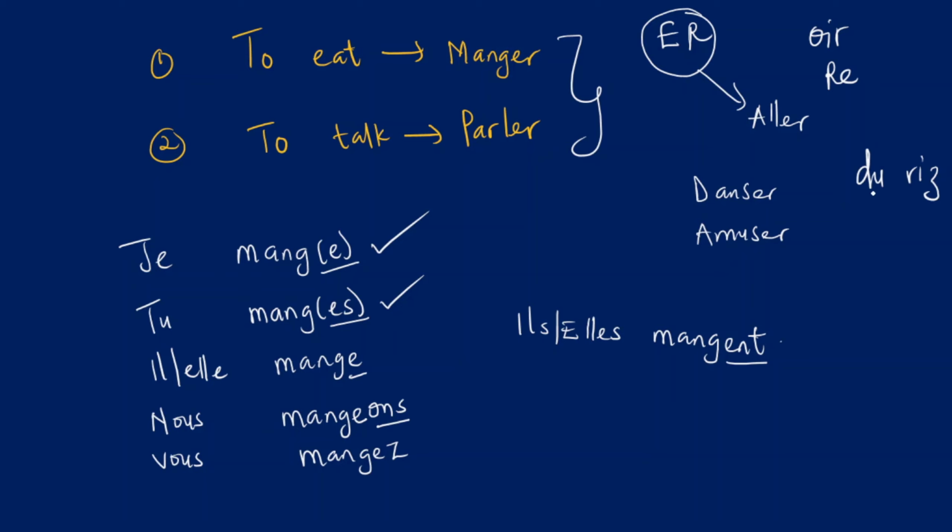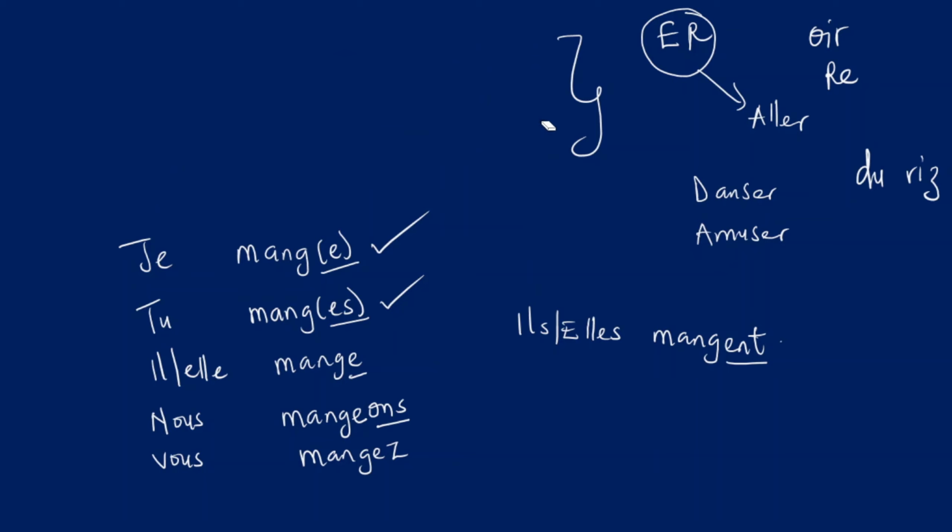So if I want to say I eat some rice, if you want to write it in French, can you see it's going to be very easy now to say you eat some rice. So that's going to be je mange du riz.